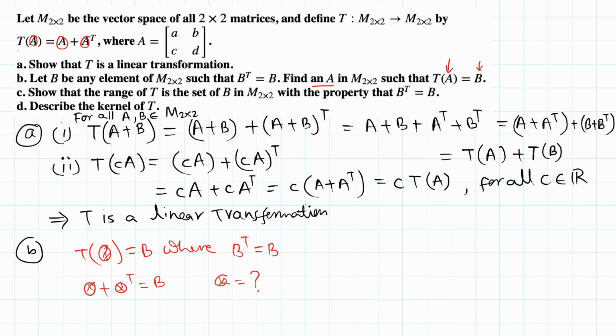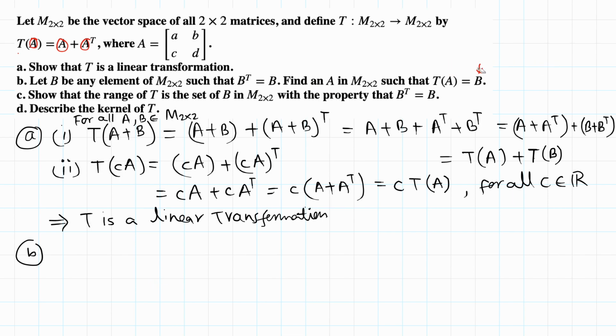Okay, let's try that. So we need to find A. If you read the question here, find an A such that T of A equals B. So let's take that A. Let A be half of B. Now it's given that T of A equals B, so we are trying to determine A, and I am assuming that's 1/2 B. Let's see if this works.